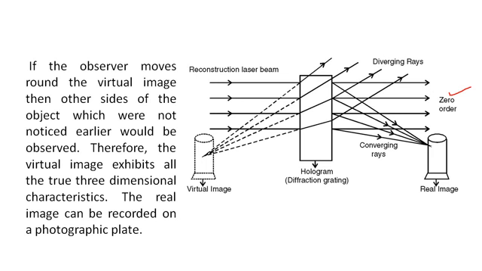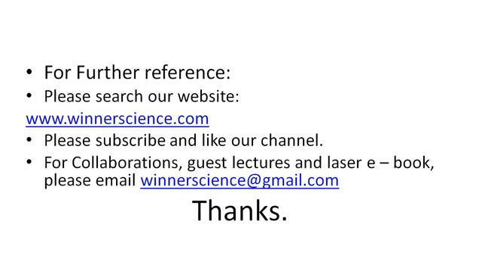Just try to move that page. You will see the name of the publication house mentioned here, and as you can realize, the image is formed behind that illuminated object made on the cover of the book. That is a virtual image. So the virtual image exhibits all the true information. The real image can be recorded on a photographic plate.